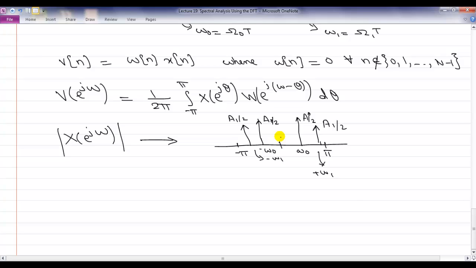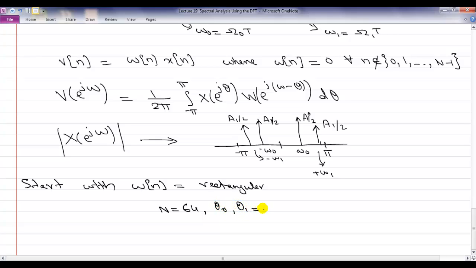So let's look at the case of w of n equal to a rectangular window, which means that you just keep the first N samples and throw out everything else. Okay? So the rectangular window will work with N equal to 64, theta 0 and theta 1 equal to 0, and we are going to assume that T is 1 over 10 kilohertz.